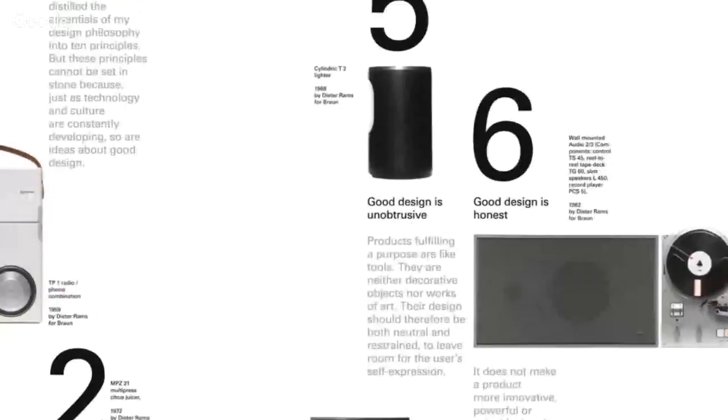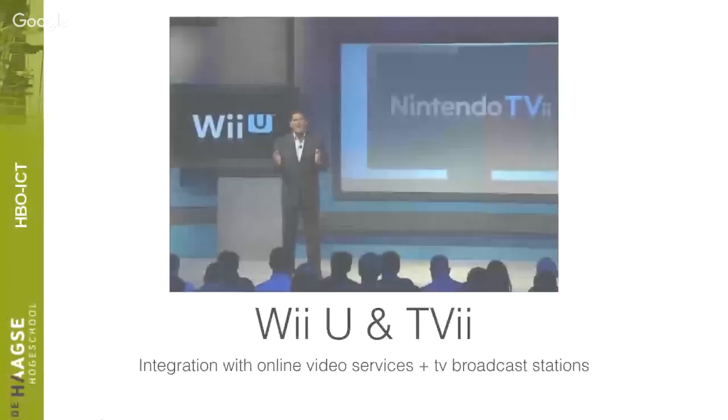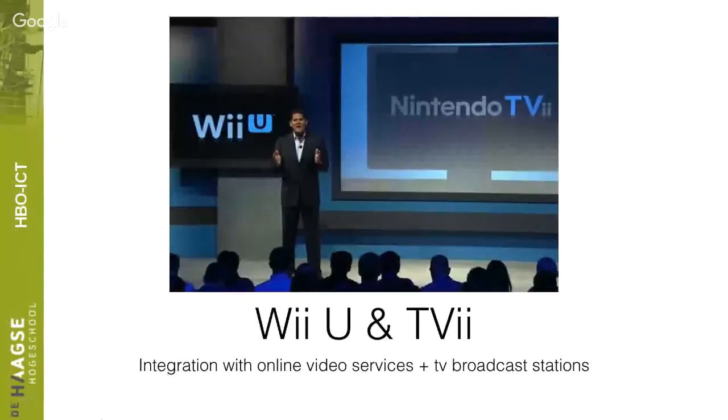Good design is honest, so it doesn't claim things that it can do that it is not able to do. And the example I always mention for this is the Wii U TV. Anyone familiar with that? Oh, okay. Yeah.